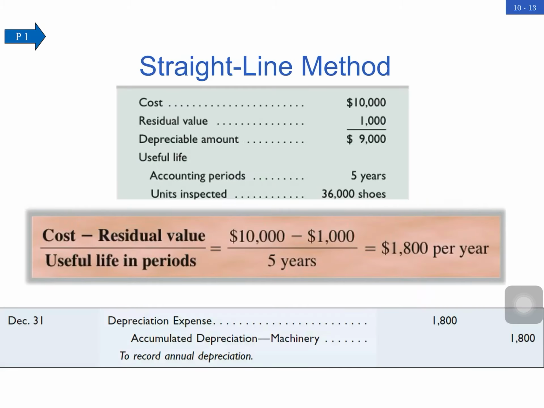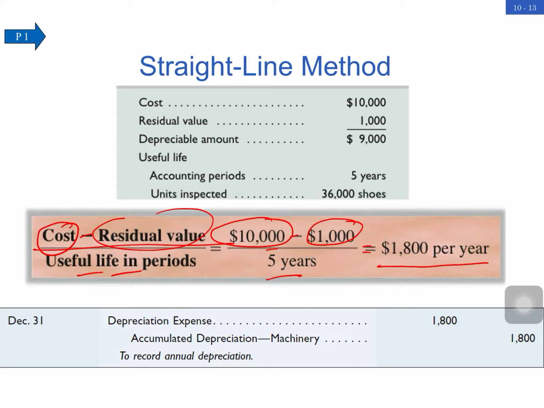Let's see the straight line method. The straight line method is quite straightforward. It's very easy and very simple. The straight line method is cost minus residual value divided by the useful life in periods or years. 10,000 minus 1,000 divided by 5 years equals 1,800 per year.